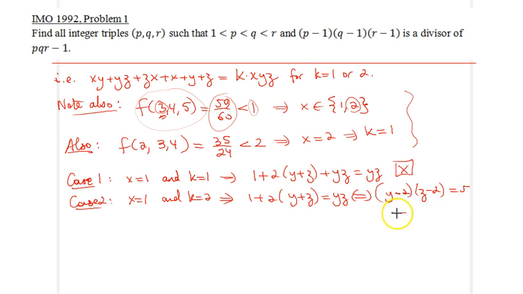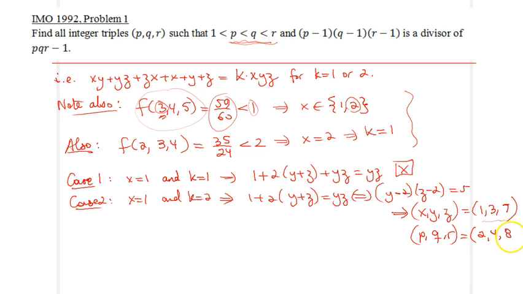As a result, it gives us xyz equals 1, 3, 7, I believe. But be reminded, we are interested in the values of pqr, not xyz. At the beginning, we did a change of variable, as you remember. So pqr in that case would simply be 1 more, so 2, 4, 8, because p was simply x plus 1, or x is p minus 1.